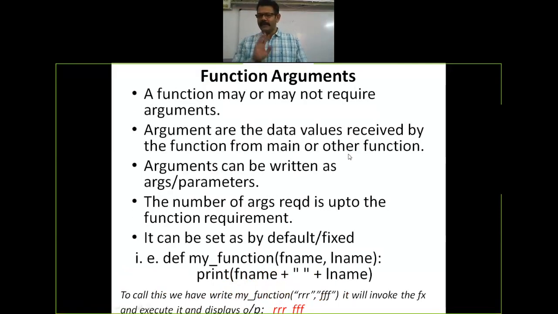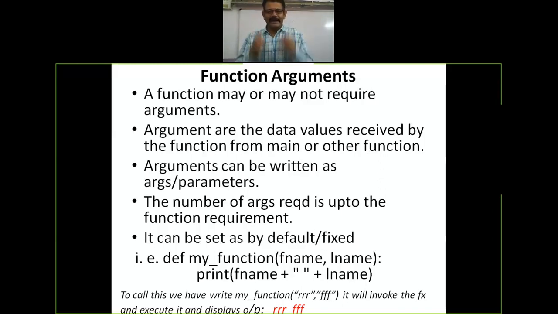We have seen two things in functions: function definition and function call. In the function definition, we saw that after the function name, in brackets, we need some arguments. These arguments are also called args or parameters. They may be required or may not be required. How many are required totally depends upon the function requirement.